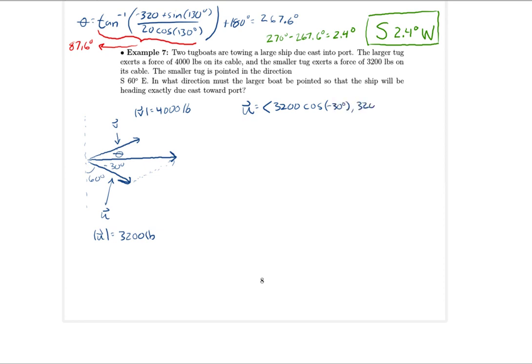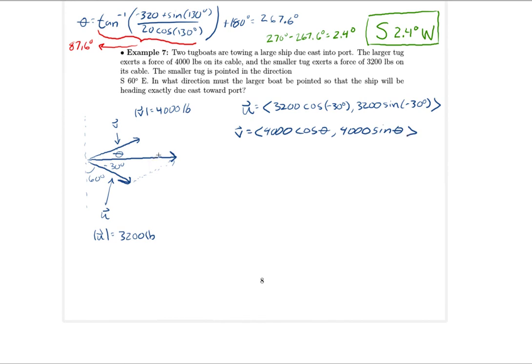And then 3,200 pounds times the sine of negative 30 degrees. And then V has the unknown theta in it, right? So I do know that it's going to be 4,000 times the cosine of theta, 4,000 times the sine of theta.